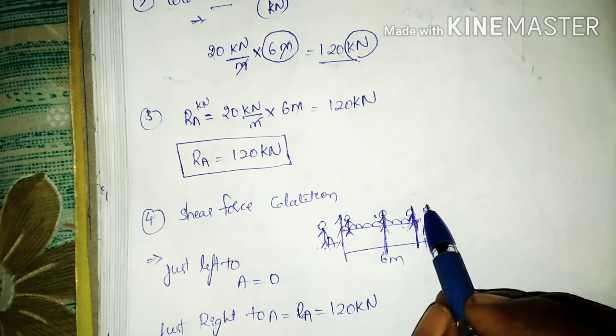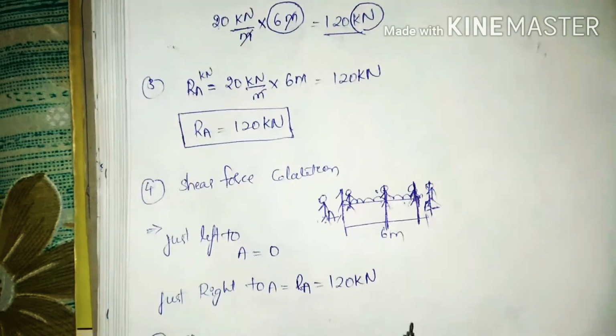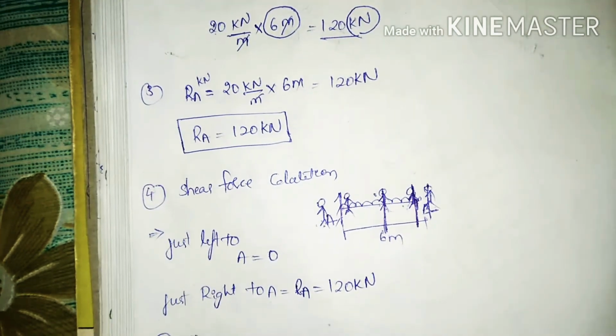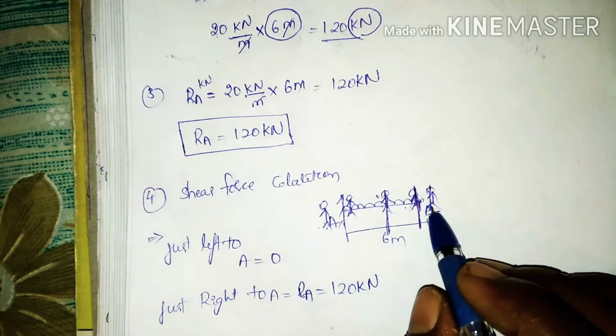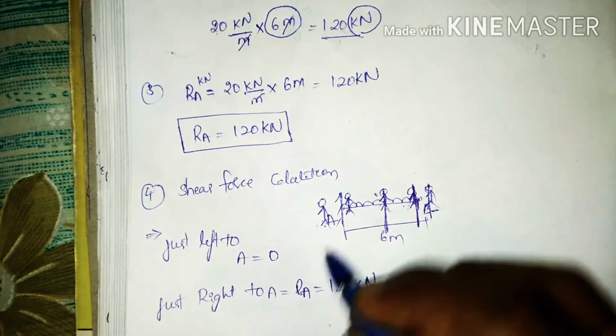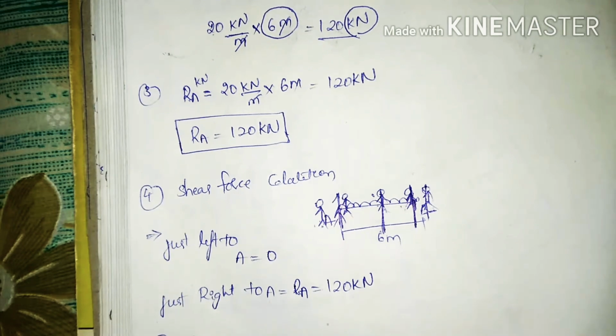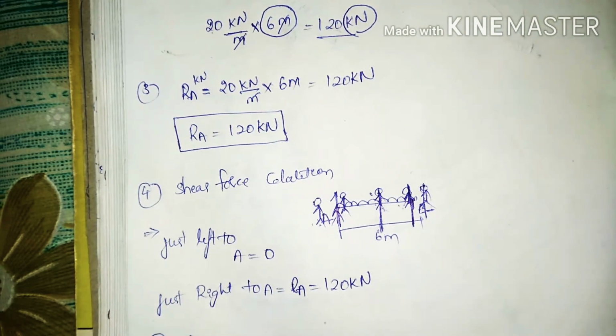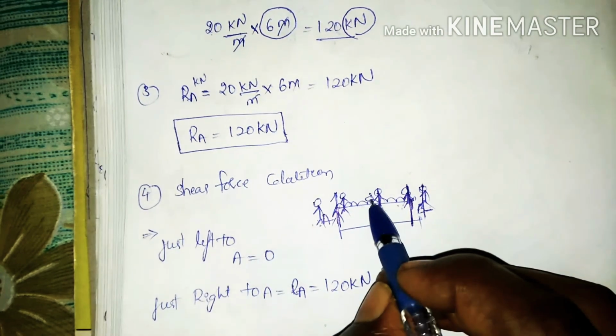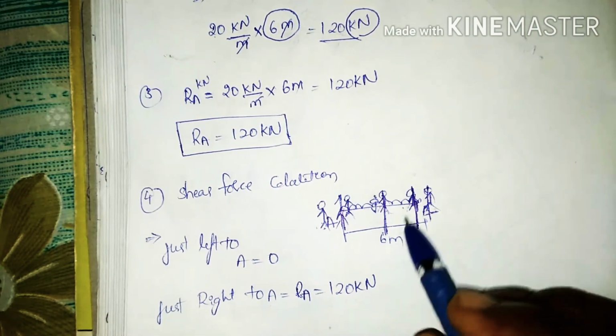If you stand to the right of B, we're going to find the reaction RA in the upward direction, that is RA, 120 kilonewtons, and a UDL is also acting in the downward direction.